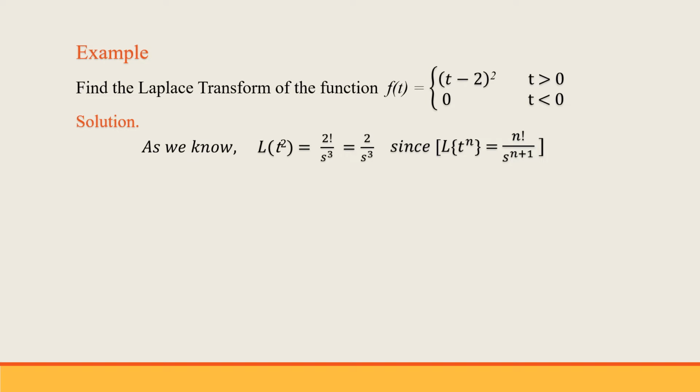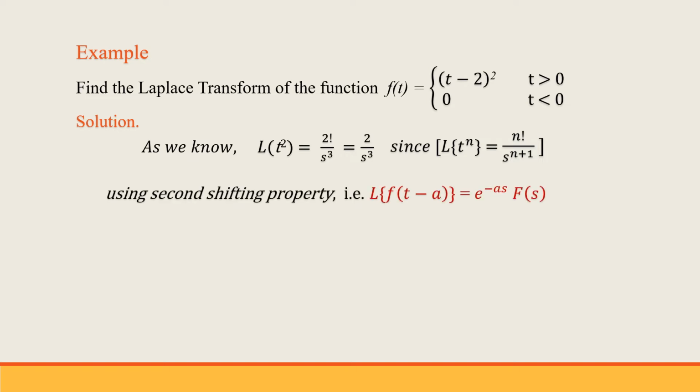So by using the second shifting property, that is Laplace transform of f(t minus a) equal to e raised to the power minus as into F(s), which we have proved earlier, we can write Laplace transform of (t minus 2) whole square equal to e raised to the power minus 2s into 2 by s cube. So in this way, you see how we can use the property and simply find the Laplace transform of the given function.